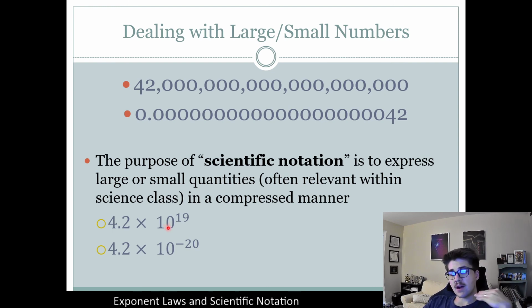But just knowing your powers of 10, like 10 to the third is 1,000, 10 to the 6th is 1,000,000, 10 to the 9th is billion, wait, sorry, I skipped one, 10 to the 12th, trillion, 10 to the 15th, quadrillion, 10 to the 18th, quintillion. But basically I can imagine how big these numbers are based on the power of 10, and I could really understand this is really, really freaking big. And 10 to the minus 20th in the same way is really, really small. And each power on there is another decimal place difference.